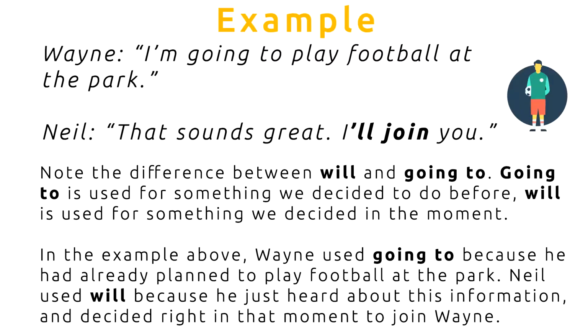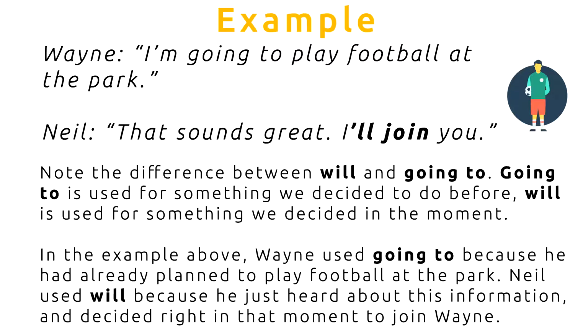Note the difference between will and going to in this example. Going to is used for something we decided to do before. Will is used for something we decided in the moment.